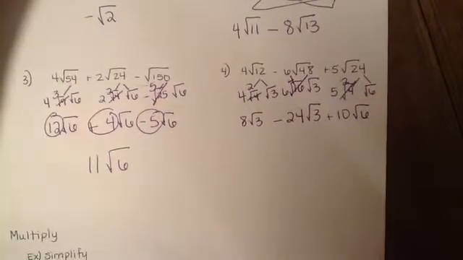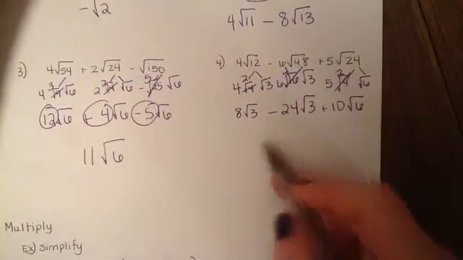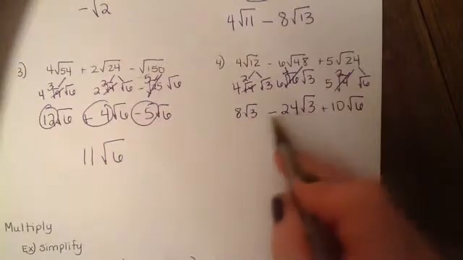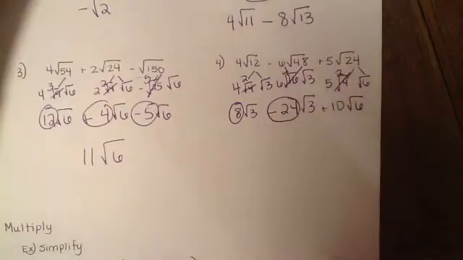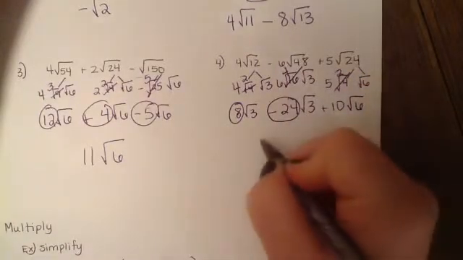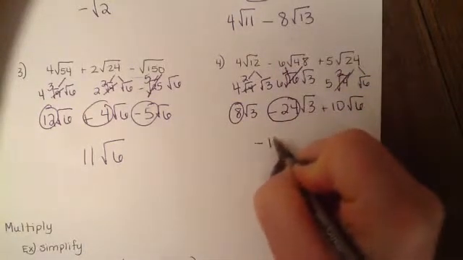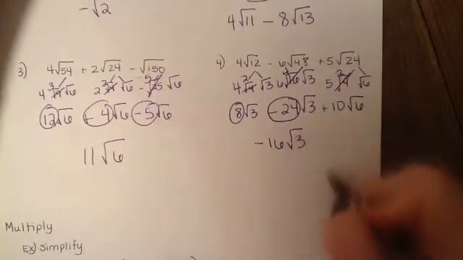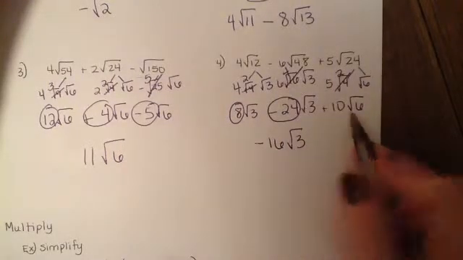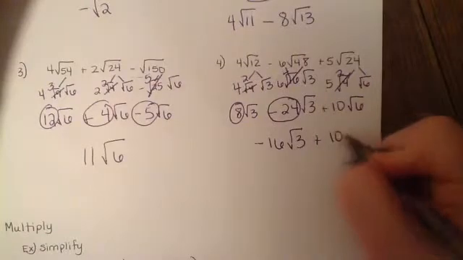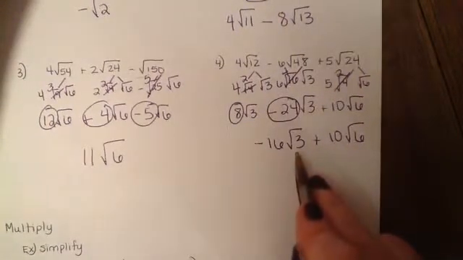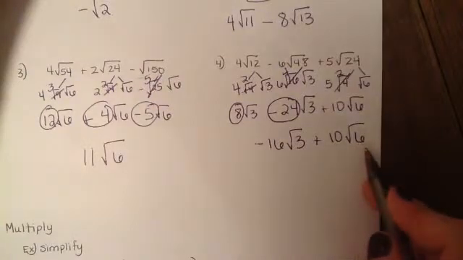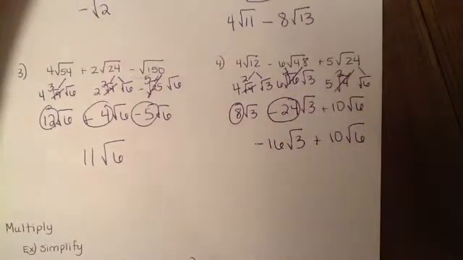Are there any pieces that match? These both have a root 3, so I have 8 minus 24, negative 16 root 3. And what else is left? Plus 10 root 6. These two cannot go together because one has root 3, one has root 6, and they do not match. Nice job.